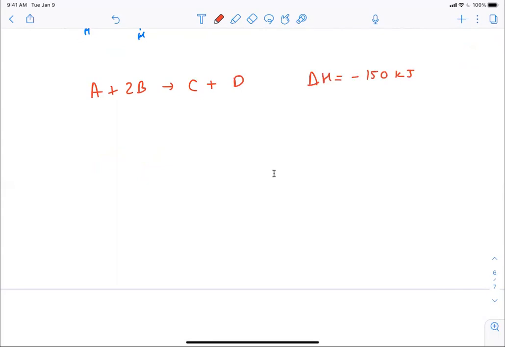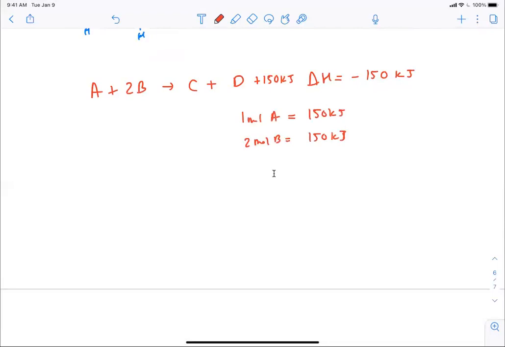It says essentially that in this reaction, you're releasing 150 kilojoules for one process, which means that for every 1 mole of A, you produce 150 kilojoules, but every 2 moles of B produce the same 150 kilojoules. And so really per B, you're only producing 75 kilojoules.